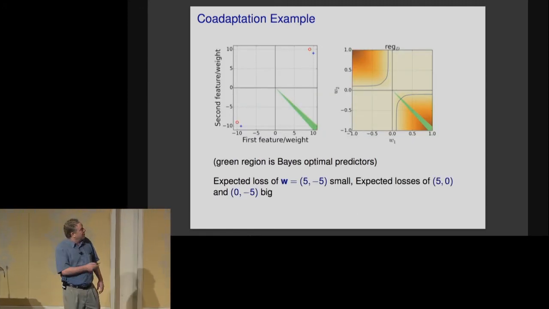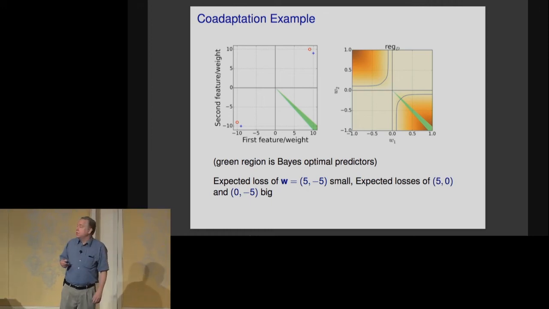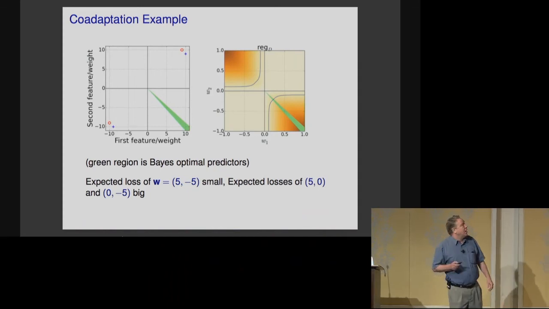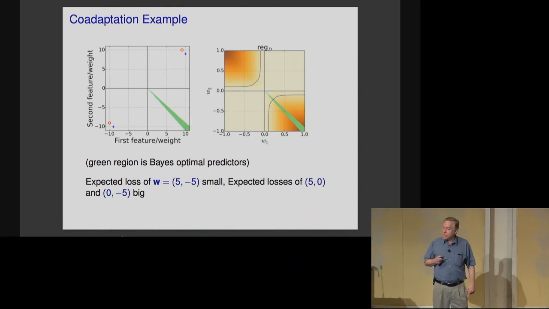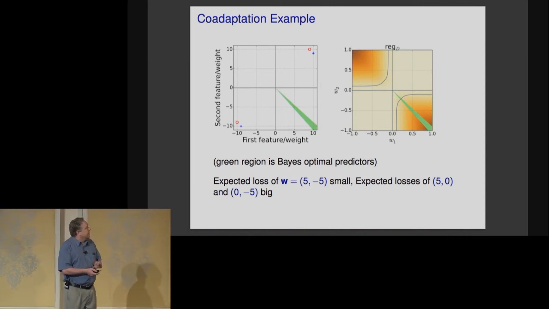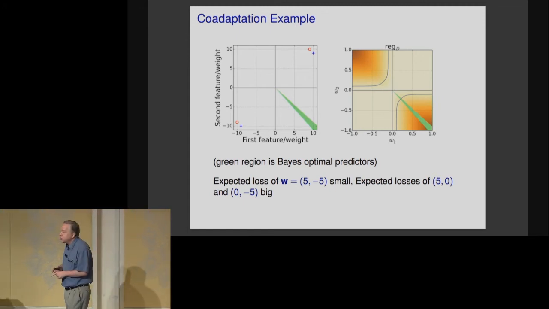So for example, if we had 4 data points, 2 labeled minus and 2 labeled plus, there's a Bayes optimal set of weight vectors that will predict optimally on those. But the features are highly correlated. And when the features are highly correlated, dropout wants to put similar weight on both of them.